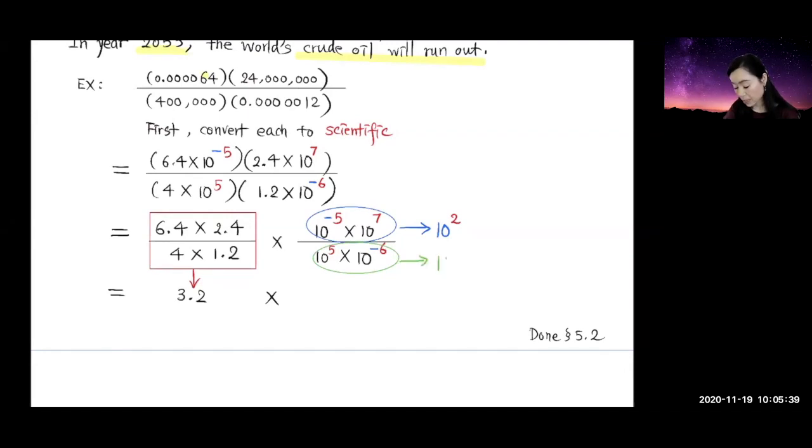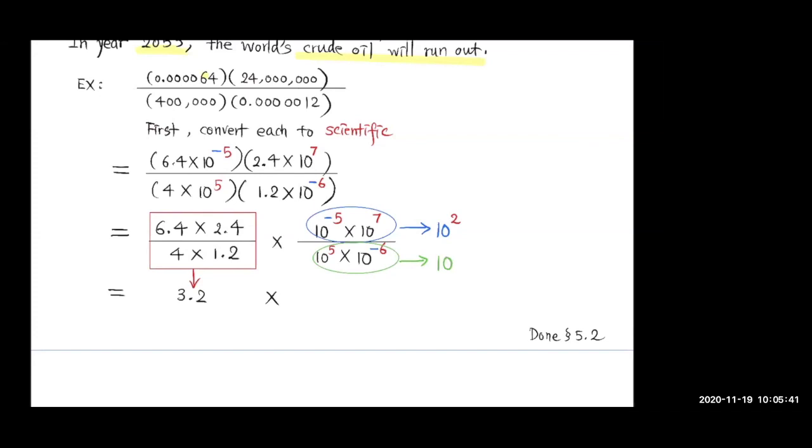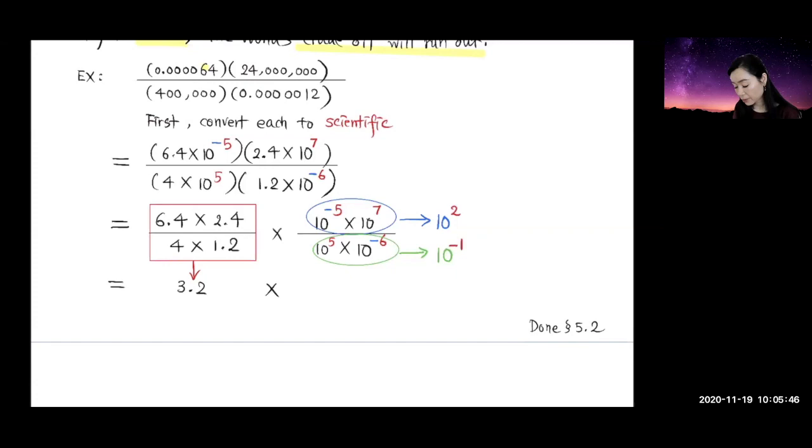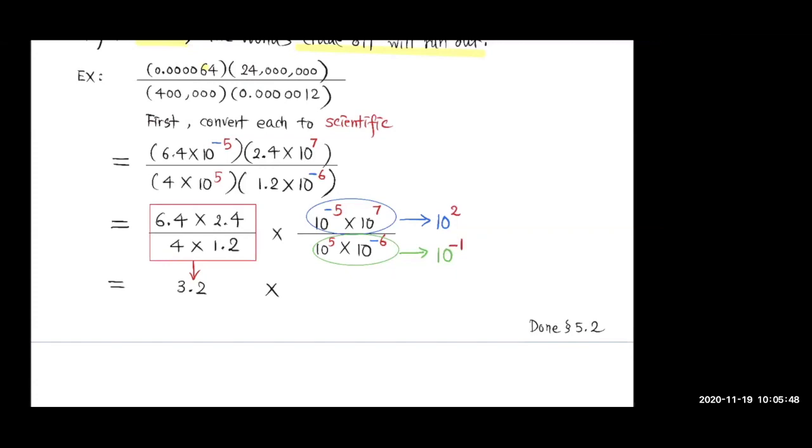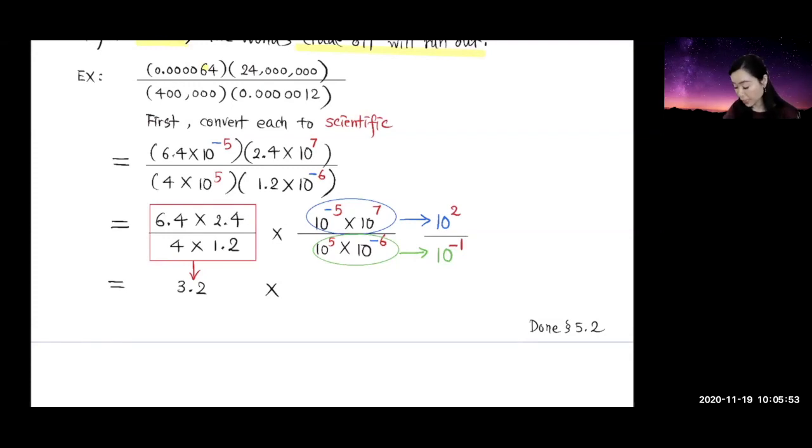So 10 to the negative 1 power. Now because it's dividing, when you divide, what do you do with the exponent? You subtract the exponent, right? So that's equal to 10 to the what power? Third power, yes, you got it.